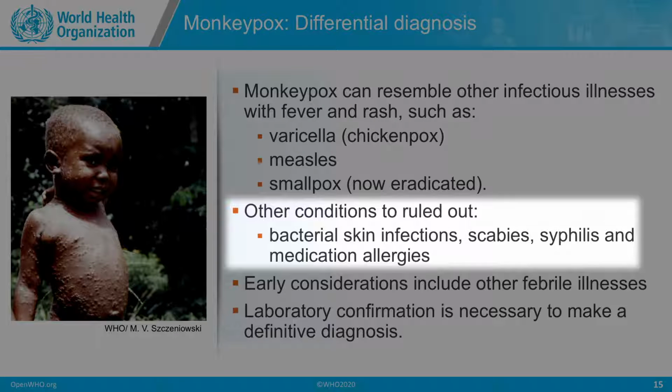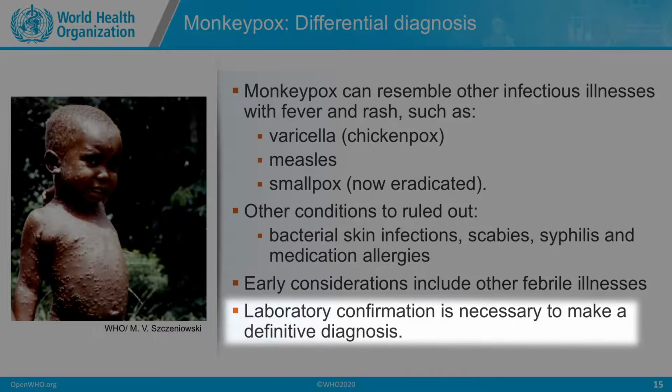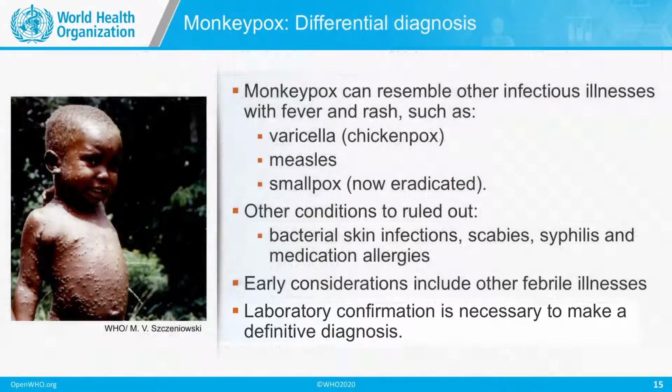Other conditions to be ruled out include bacterial skin infections, scabies, syphilis, and some medication-associated allergies. As the illness usually starts with fever before the rash appears, of course, other conditions to consider include other febrile illnesses. Laboratory confirmation is usually necessary to make a definitive diagnosis of monkeypox because of the similarities between different rash and fever illnesses.